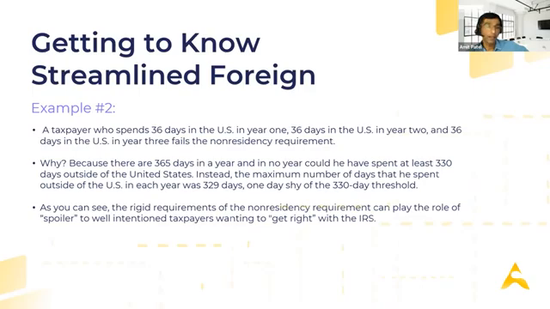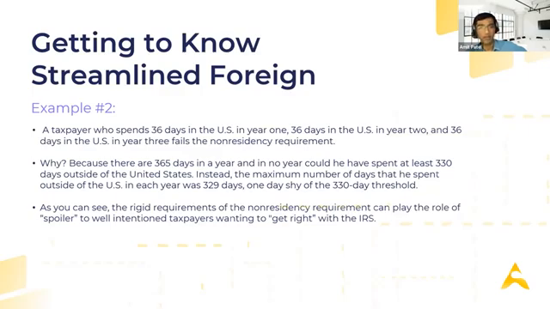By staying in the US for 36 days out of a total of 365 days in a year, if you take out 36 days, you will not be able to fulfill the 330 days non-residency requirement. So you cannot file under the streamlined foreign offshore procedure.